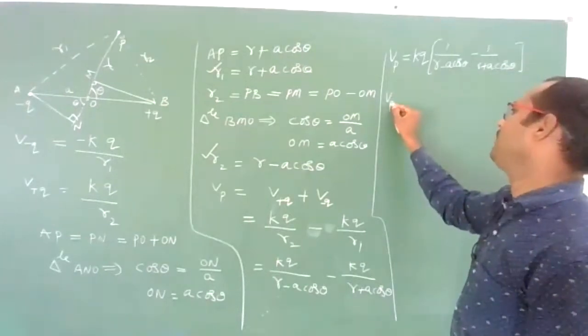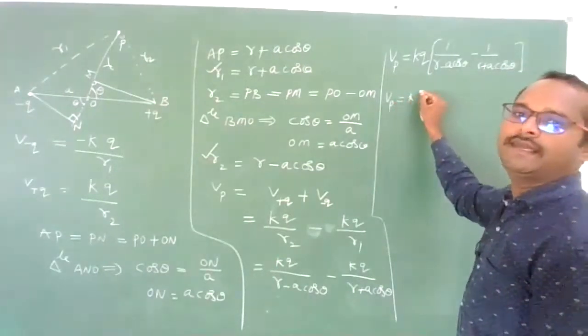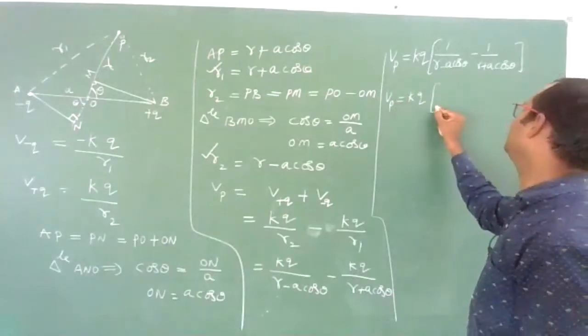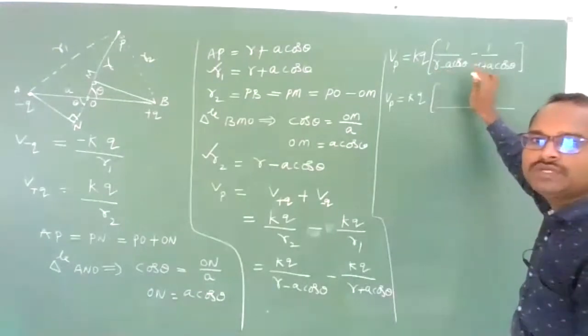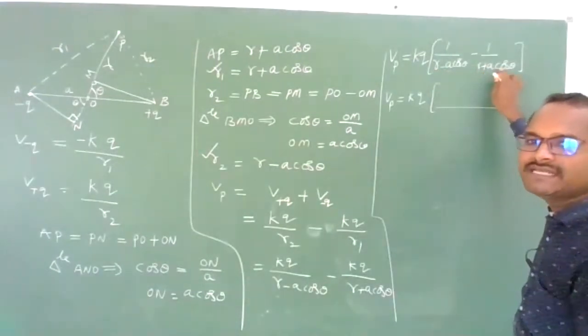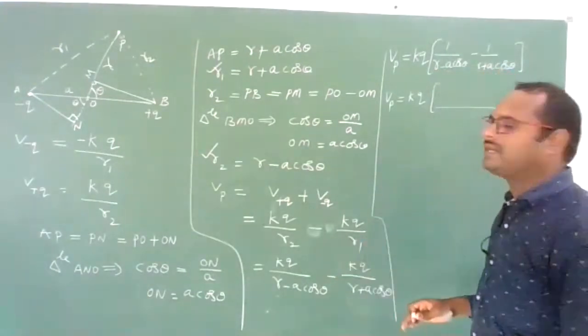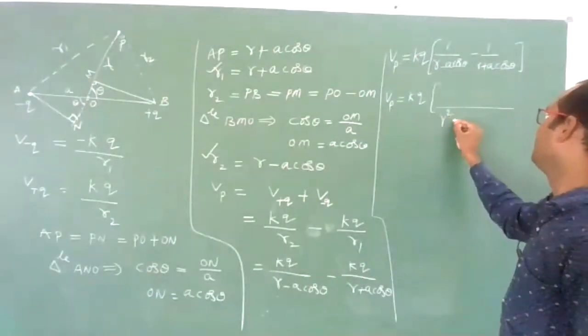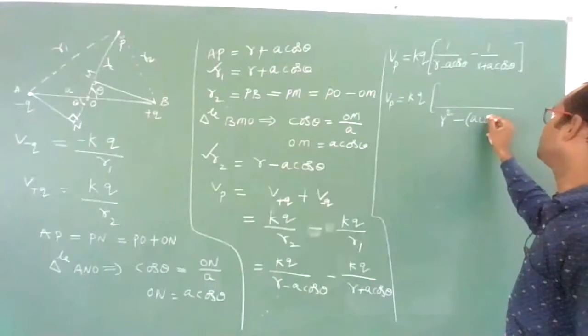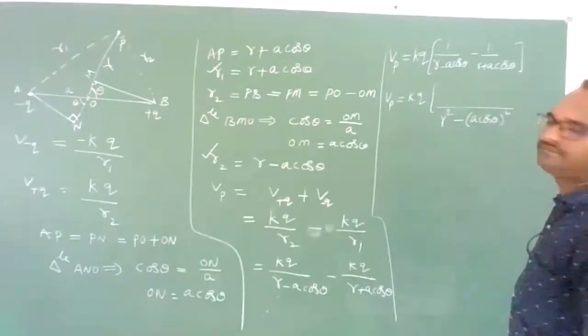Potential at point P is equal to KQ into LCM. What is the LCM? It is in the form of a minus b into a plus b, which can be written as a square minus b square. A is R I have taken, means R square, minus b square, A cos theta whole square.